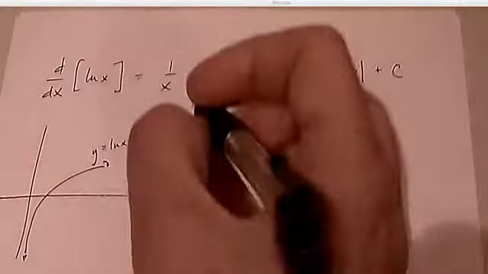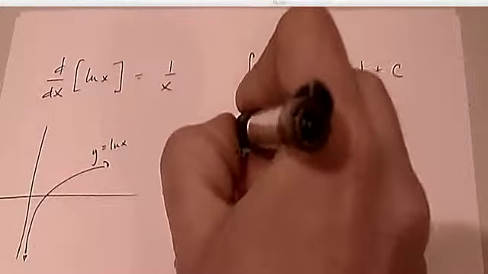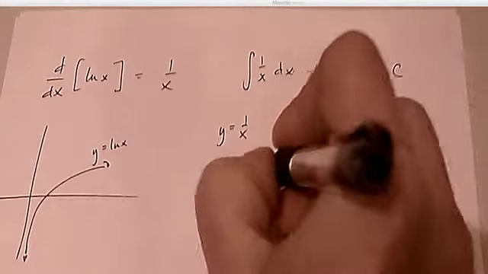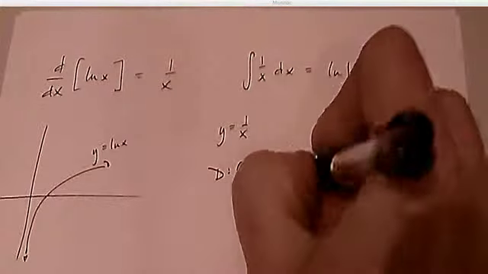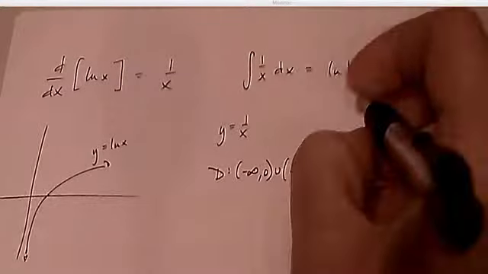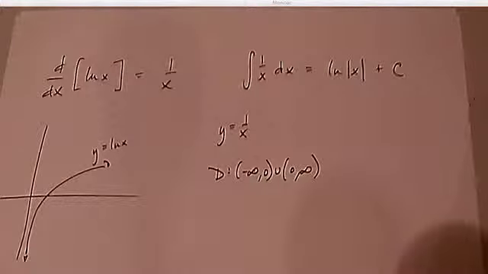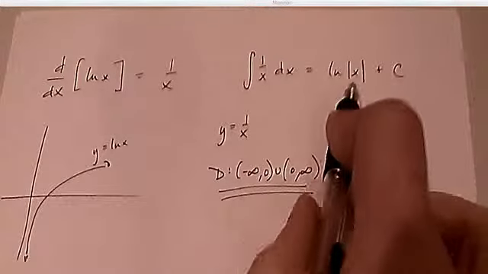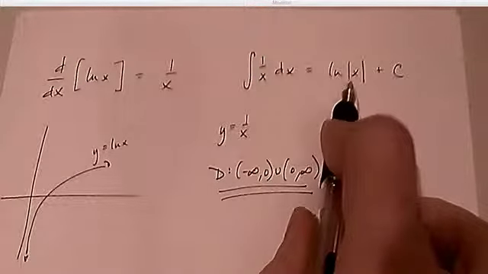Well, if y is equal to 1 over x has a domain of negative infinity to 0, union 0 to infinity, then its integral must also have that same domain, and that absolute value of x takes care of that.